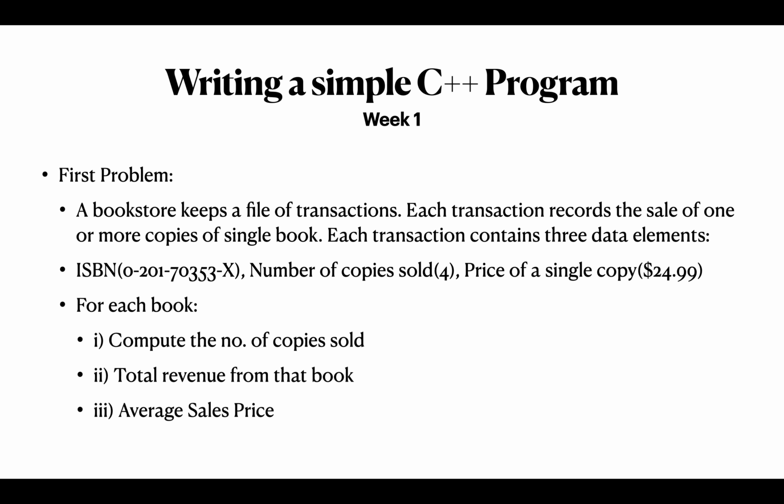The first element is an ISBN, International Standard Book Number, which is a unique book identifier. The second is the number of copies sold, and the last is the price at which each of these copies was sold. From time to time, the bookstore owner reads this file and for each book computes the number of copies sold, the total revenue from that book, and the average sales price.